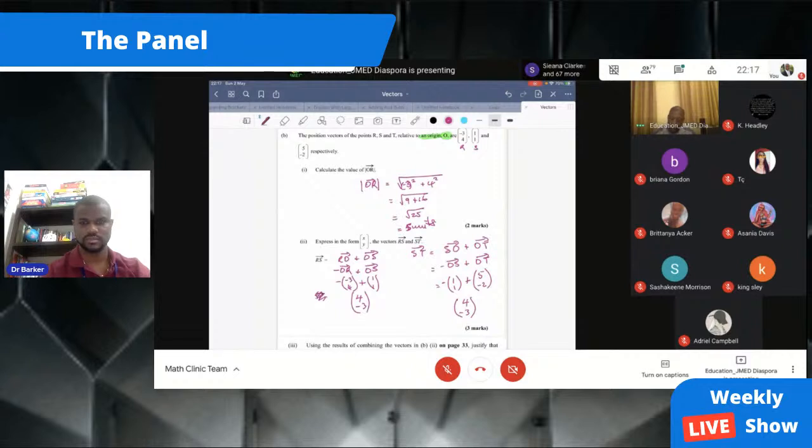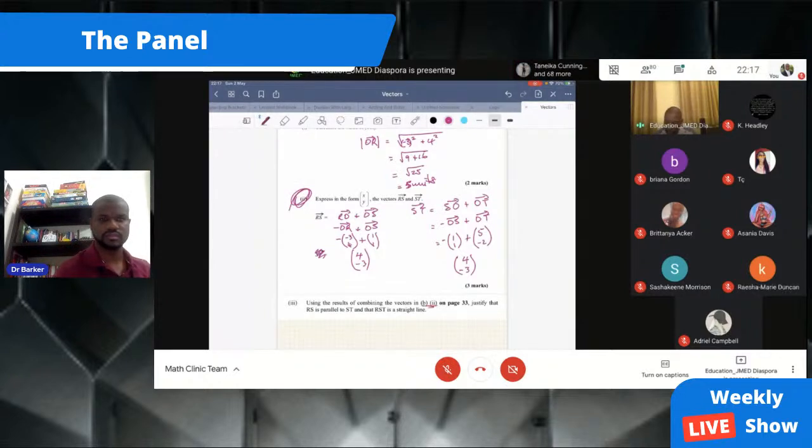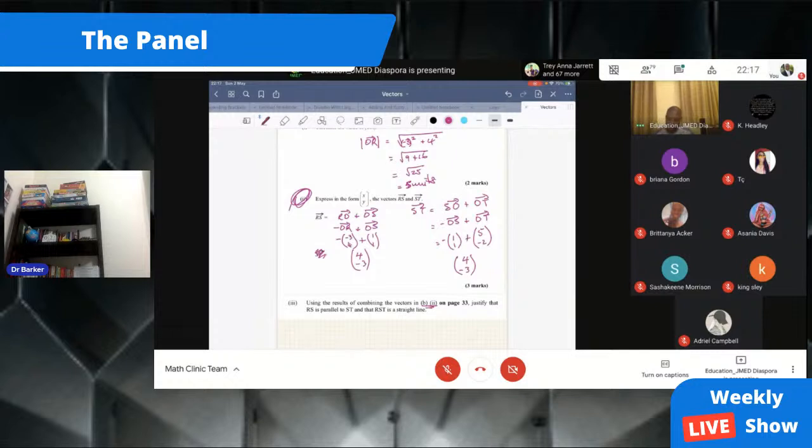So they say, using the results of combining vectors, justify that RS is parallel to ST, and that RST is a straight line. Now, somebody raised a point about collinearity earlier.